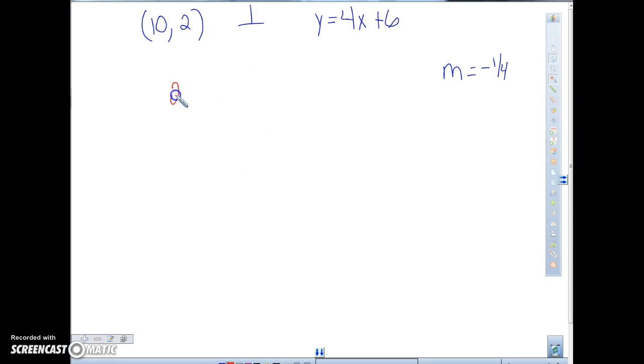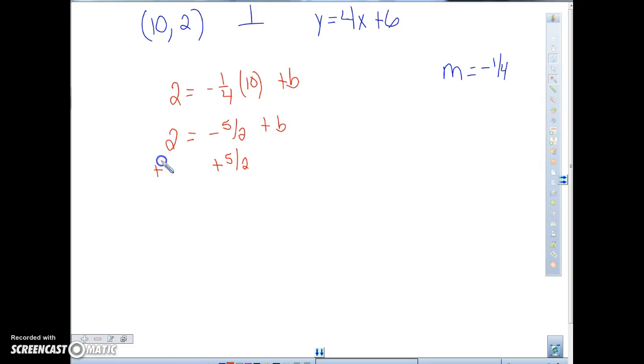So we have 2 is equal to negative 1/4 times 10 plus b. So we have 2 is equal to negative 5/2, because this would be negative 10/4, which reduces by 2, so negative 5/2 plus b.